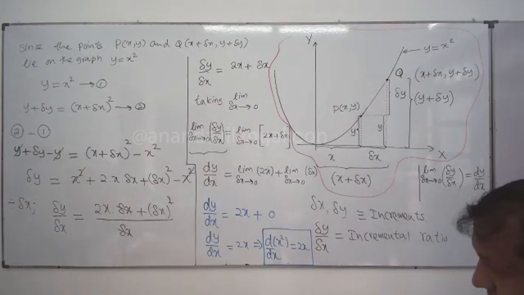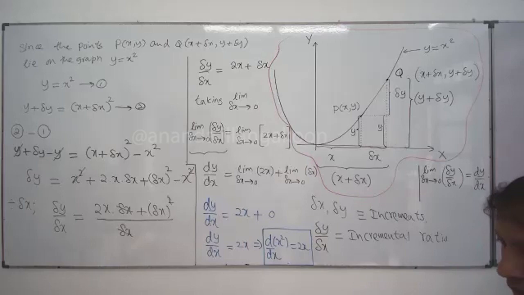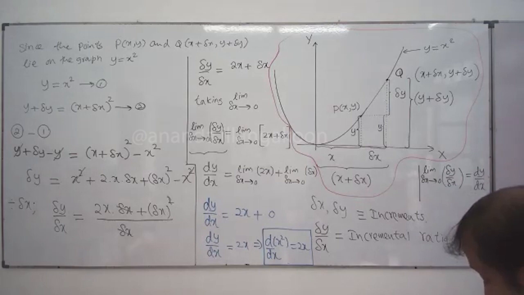Consider a point capital P within brackets (x, y) on the graph of y equals x squared.